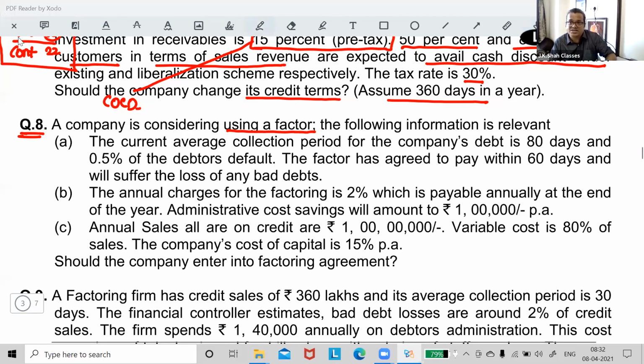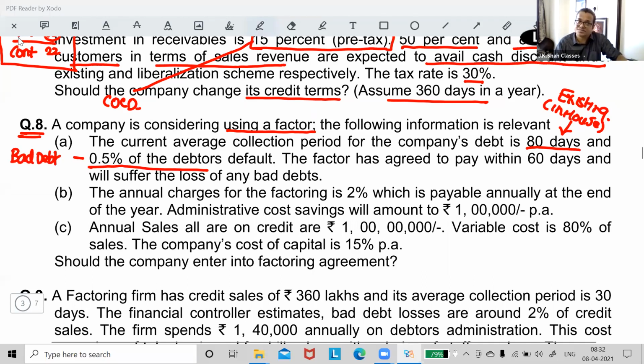Okay. Means this is existing. That is when I collect on my own in-house. And 0.5% of the debtors default. Guys, that means what it is? Bad debts.